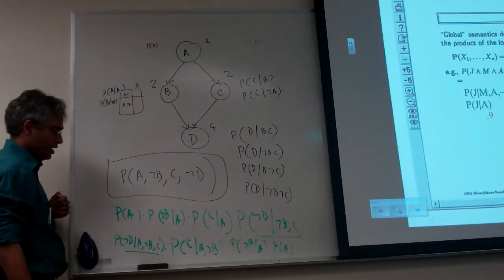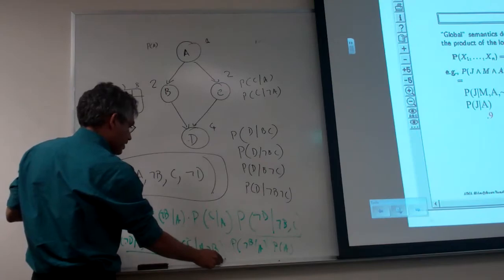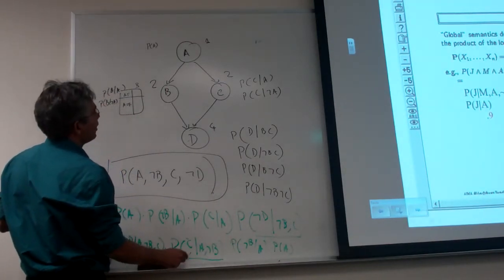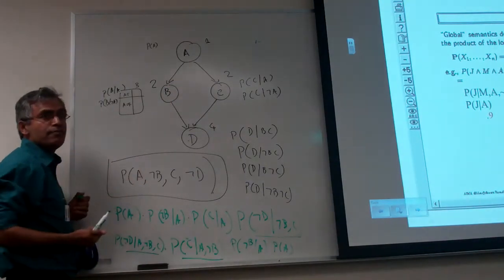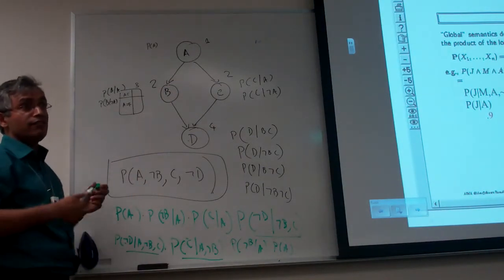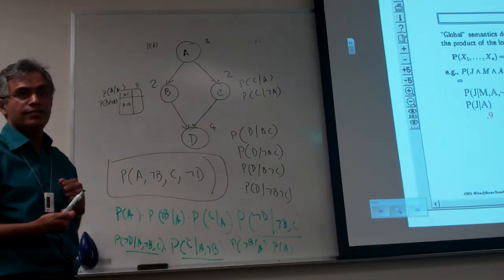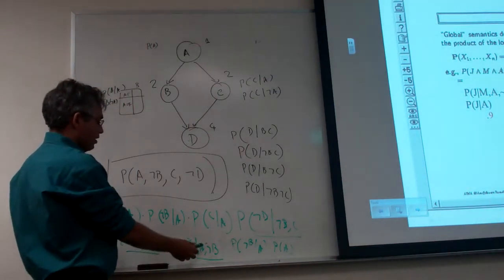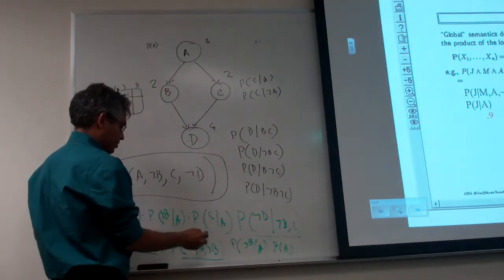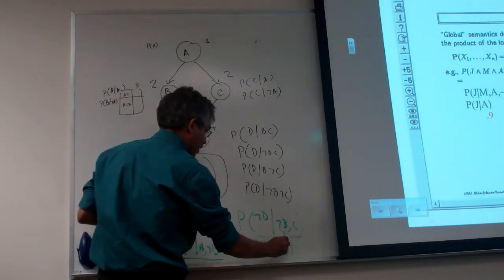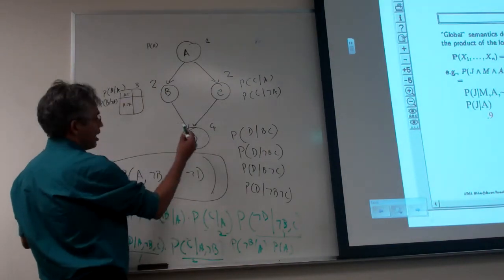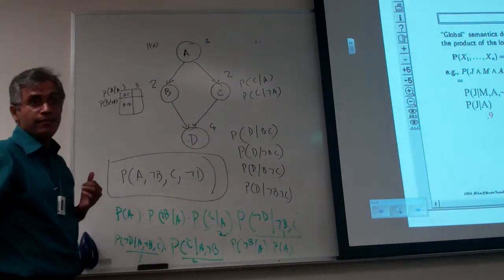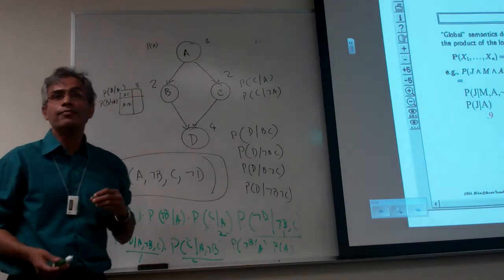Similarly, C given A and not B: if you give A, C is independent of B, because it's independent of non-descendants given immediate parents. So that's why it's the same. And then not B given A is just not B given A, and P of A is P of A.